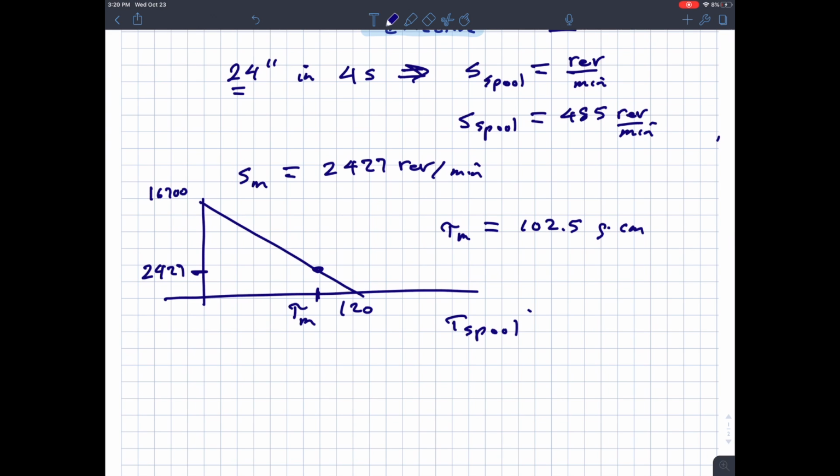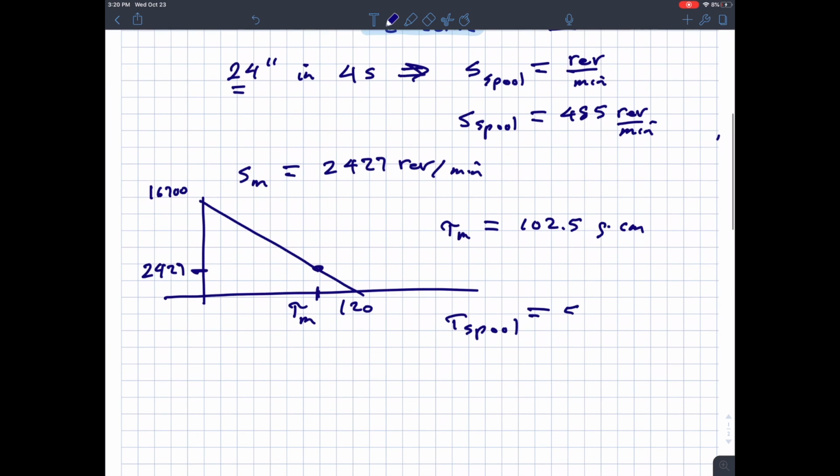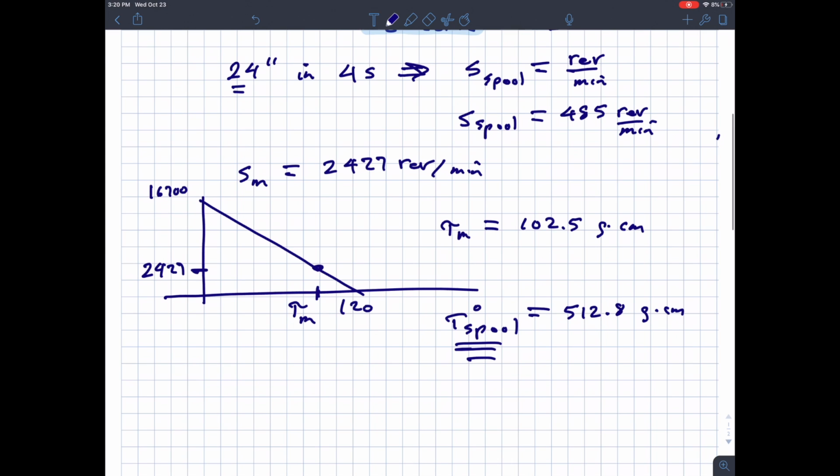All right, so if I divide by 0.2 again, using the gear ratio equations, this theoretically would give me 512.8 gram centimeters of torque at the spool. Okay, so that would be in the perfect world. So we could put an O here for optimal.